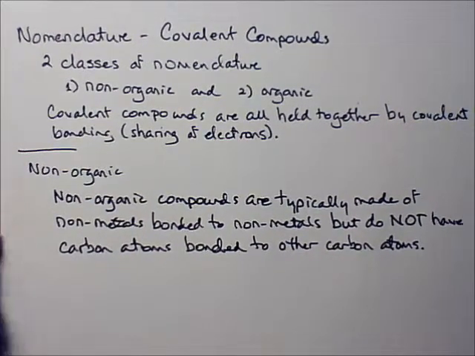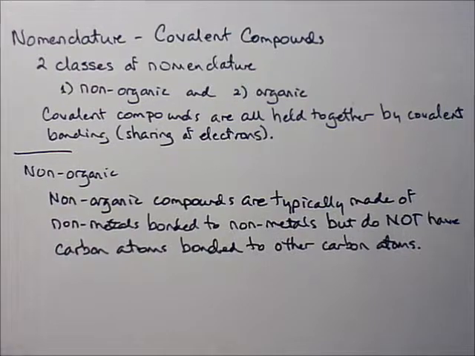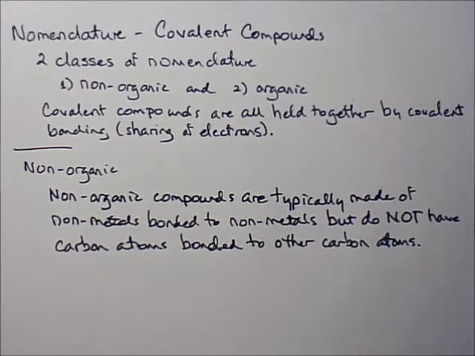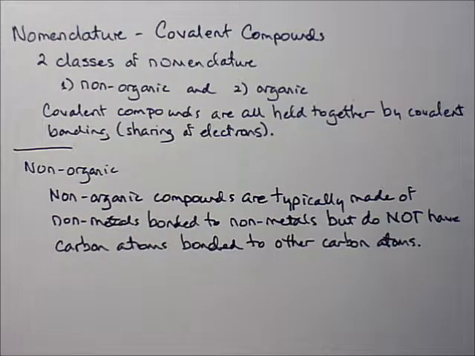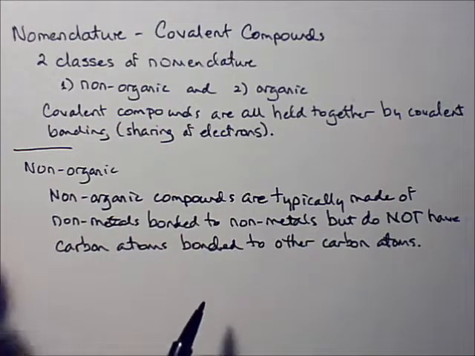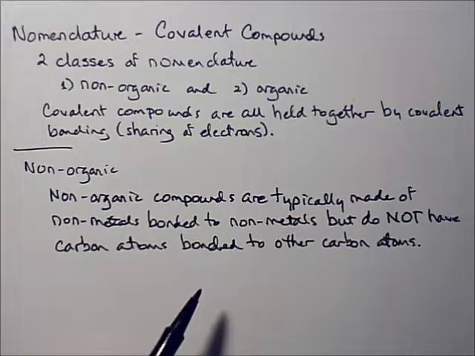But the difference for non-organic is you don't have carbon atoms bonded to other carbon atoms. And that's essentially the definition for organic. Organic is carbon atoms bonded to carbon atoms. Non-metals bonded to non-metals, but in particular, somewhere in that structure of an organic compound, you're going to have carbon atoms bonded to other carbon atoms. All right, now, these are the compounds that we use prefixes for.